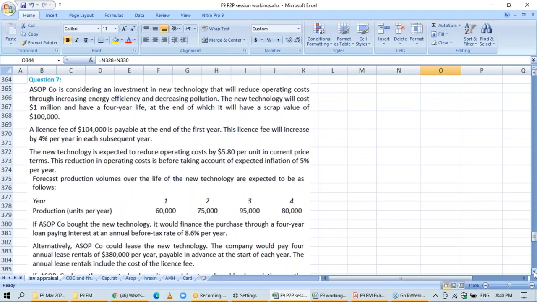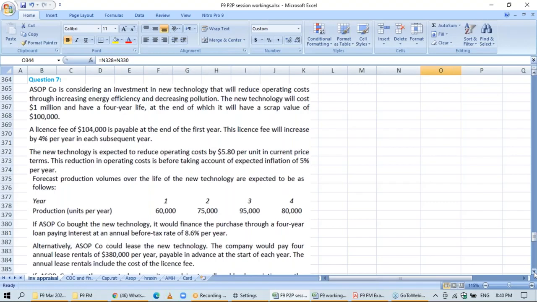Let me give you a little bit of background regarding question 7, what this question is covering. When the company is investing in a new project, it will require funds. So it has two options for generating the funds. One of them is that it can borrow the funds.